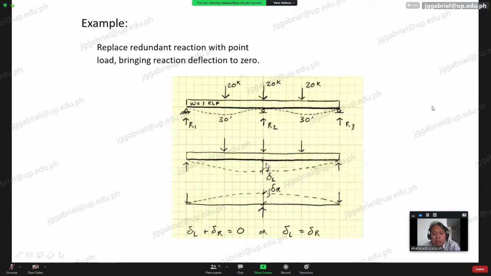Or simply, the two should be equal. Deflection due to the load should be equal to the deflection due to the reactions.